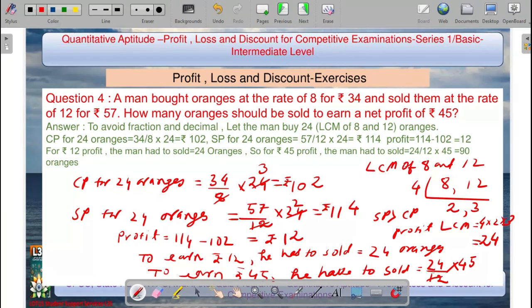So 24 by 12 is 2, and 2 into 45 is equal to 90. So how many oranges does he have to sell? 90 oranges he has to sell to earn rupees 45. This is how we have to solve this kind of problem.